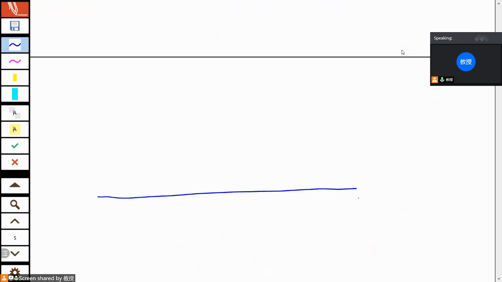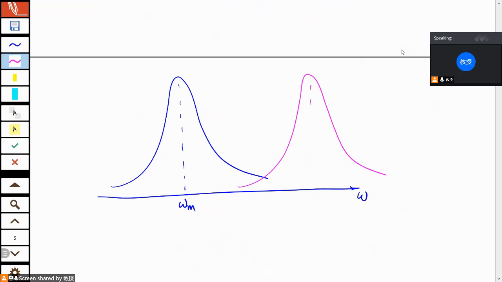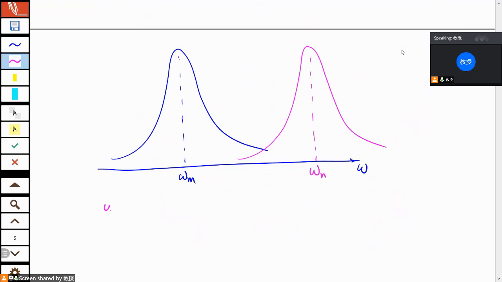If you have, say, this is omega m, omega n, so that means omega m is not close to omega n.